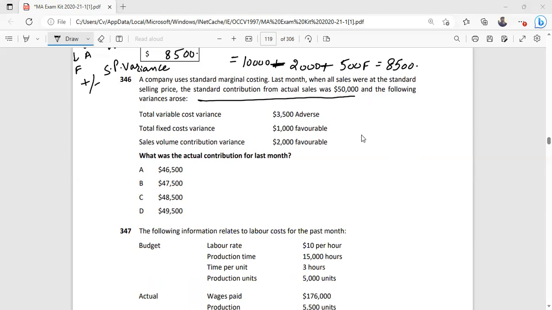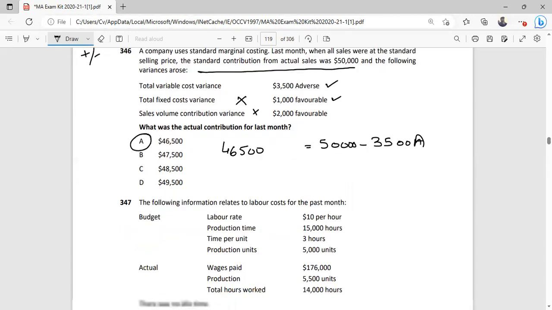Total variable cost variance 3,500 adverse, total fixed cost variance 1,000 favorable. There will be no use of this. So we have only variable cost data: 50,000, variable cost variance is adverse with 3,500. So our answer is 46,500. So A is the right answer.